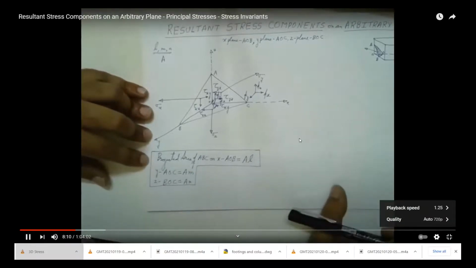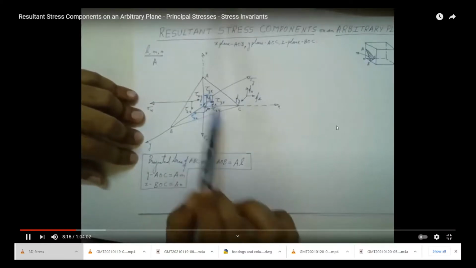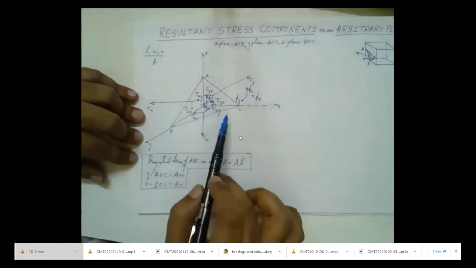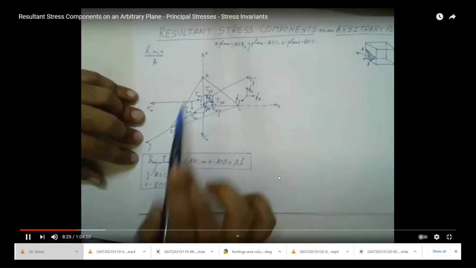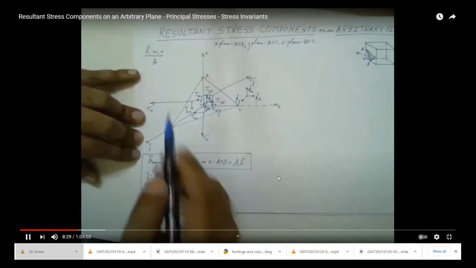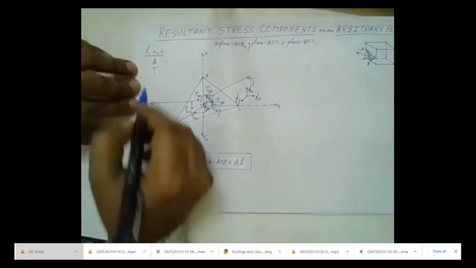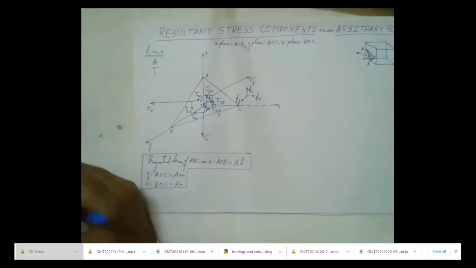Next, due to external forces, there will be a resultant stress on this plane ABC. Since plane ABC is a 2D, there will be a traction force acting on this. So that traction force will be T, and we have taken the notation as T for the traction forces or surface forces or traction stresses or surface stresses.